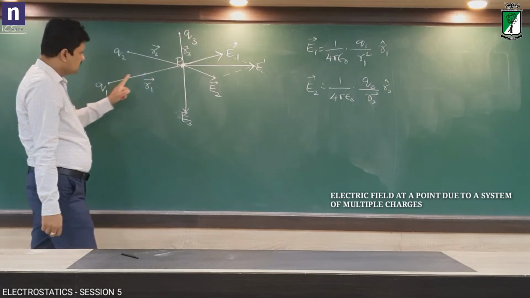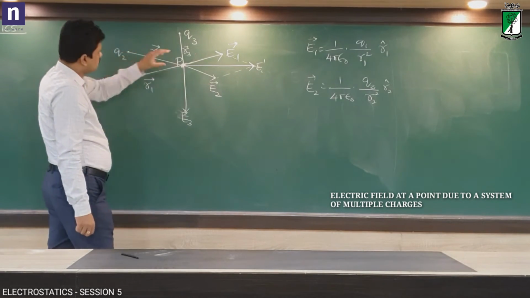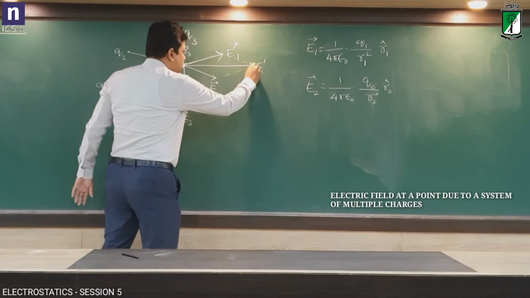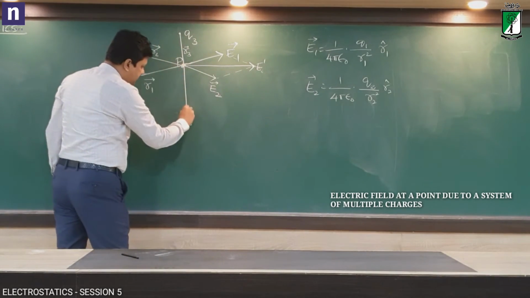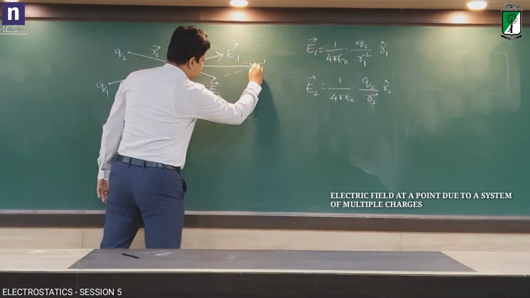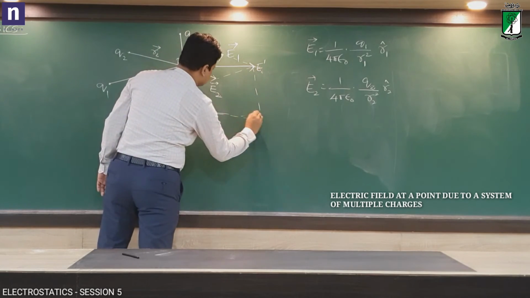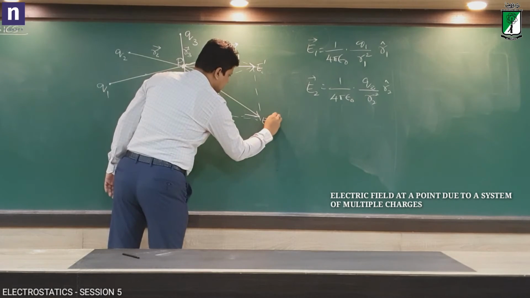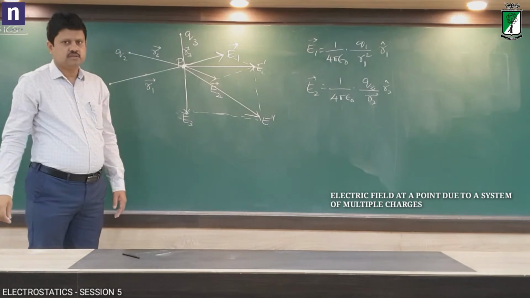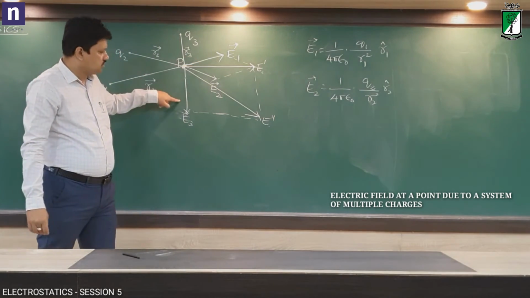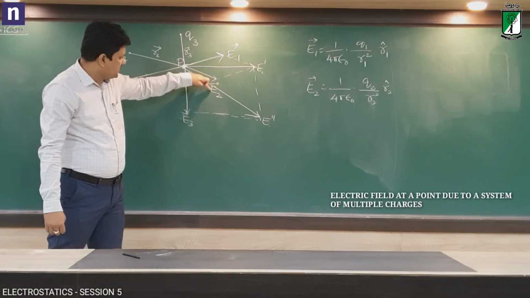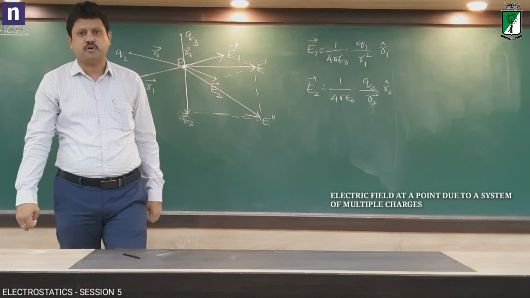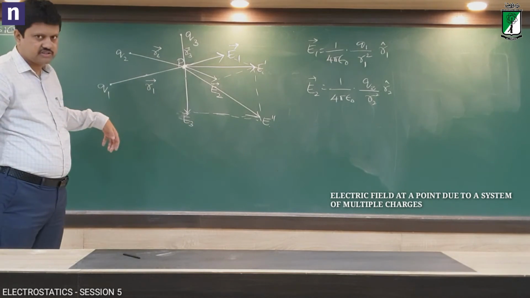E1 due to Q1, E2 due to Q2, both added up to give E dash. Now that resultant E dash should add up to this, once again by the parallelogram law of vector addition. This resultant I'll call E double dash. So E1, E2 and E3 together gave this electric field. This is the resultant electric field at a point due to a system of three charges.